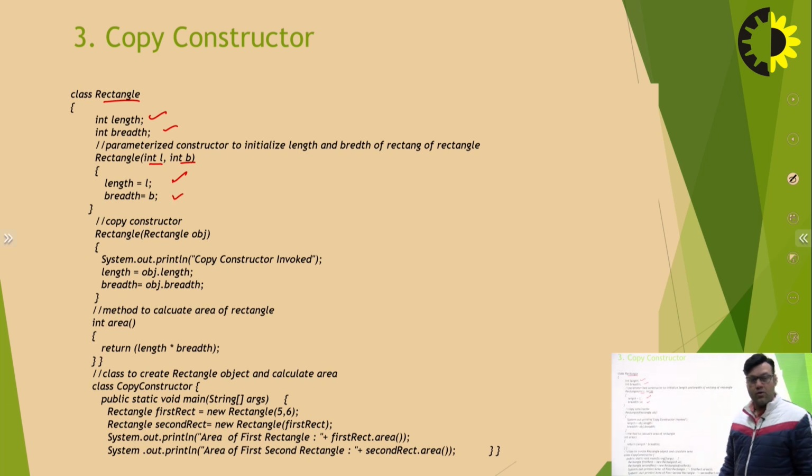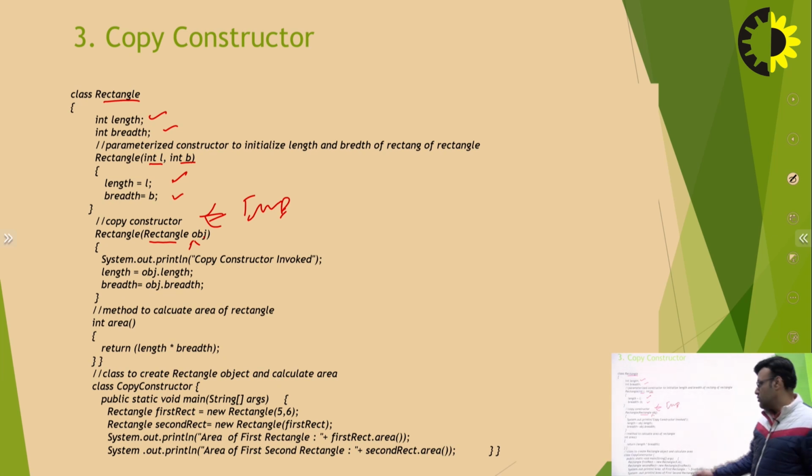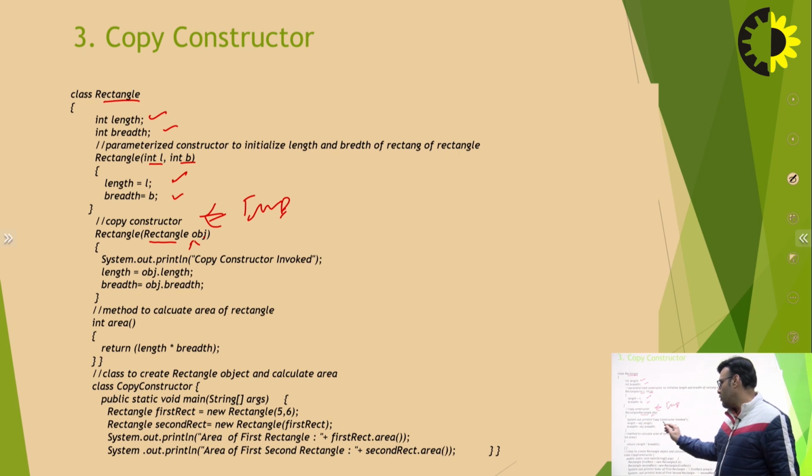Now this is called the copy constructor. Just keep in mind, this is important. Under this copy constructor, I have created a constructor and passed as a parameter the object of this Rectangle class. Inside it I print that the copy constructor is invoked, with length and breadth taken from obj.length and obj.breadth.